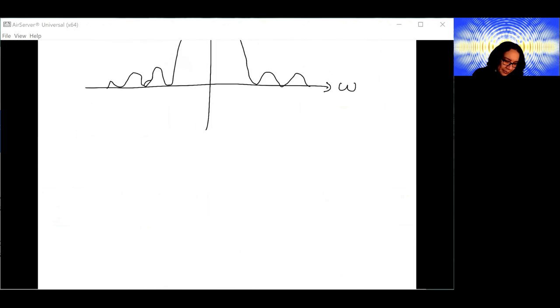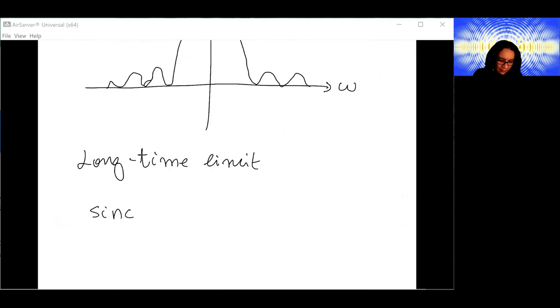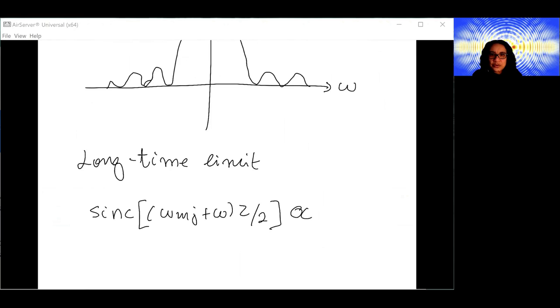And if you remember, in the long time limit, we had that this sinc of (omega mj plus omega) tau over 2 was proportional to delta of (omega mj plus omega).